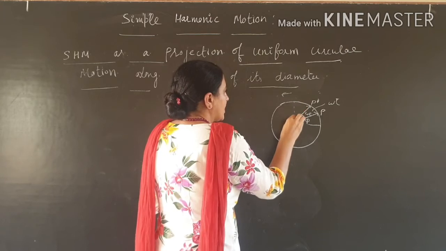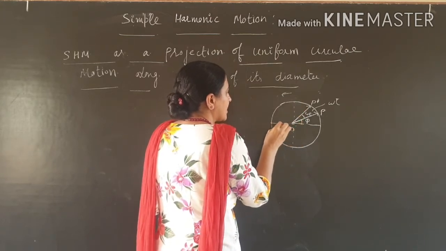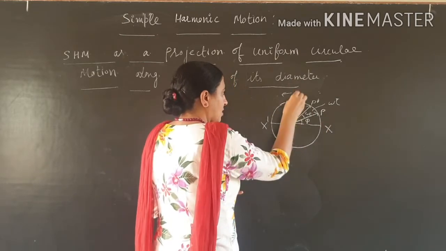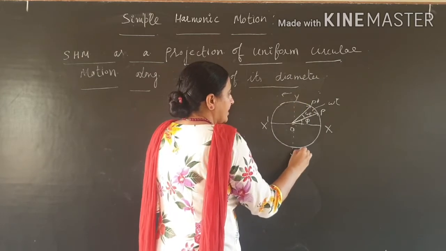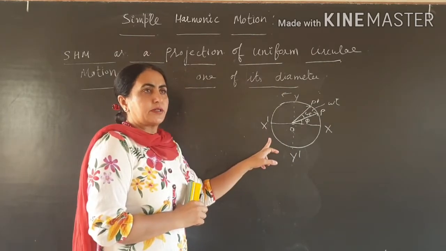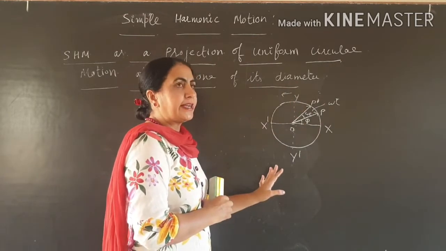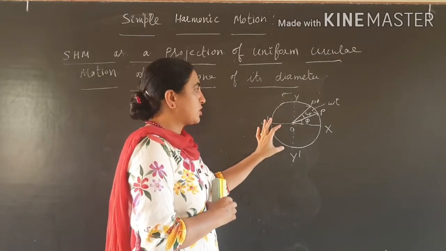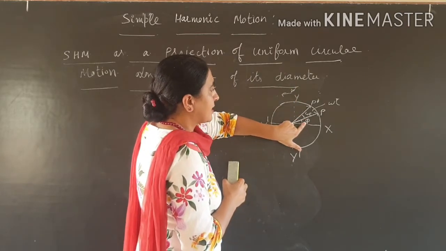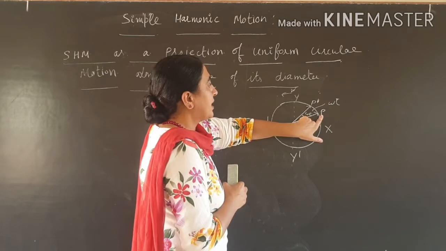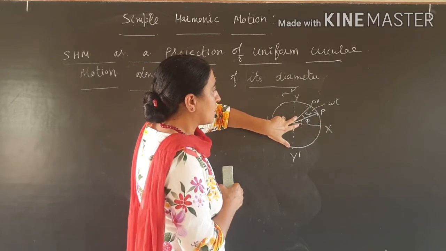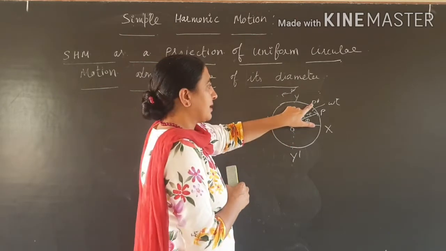So the particle is moving in this way, and these are the diameters. This is x dash x, a diameter, and this is the diameter along the y axis, y o y dash, and x dash o x. I am repeating again: the particle is moving anti-clockwise in a uniform circular motion with omega as angular frequency, and when the angle is phi, the particle is at point P. When the total angle is omega t plus phi, the particle is at point P dash.